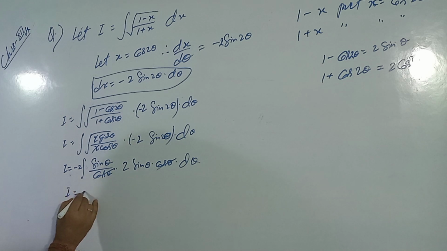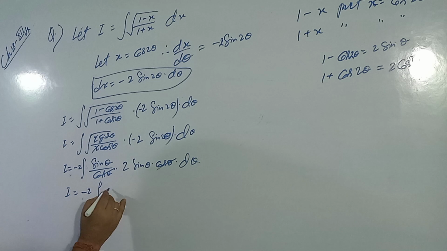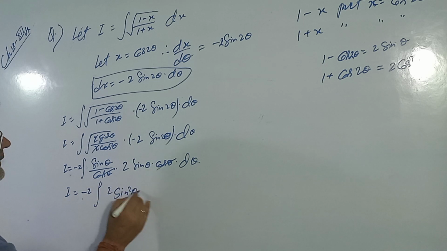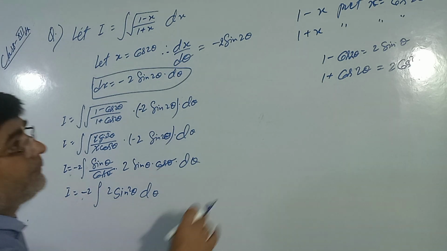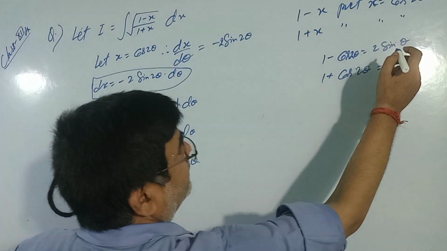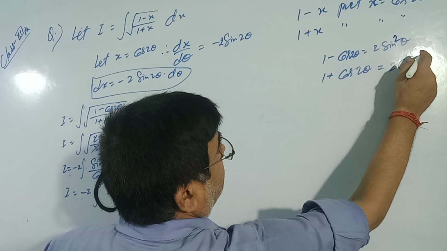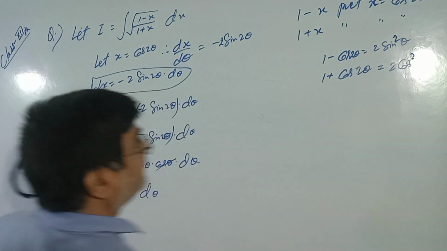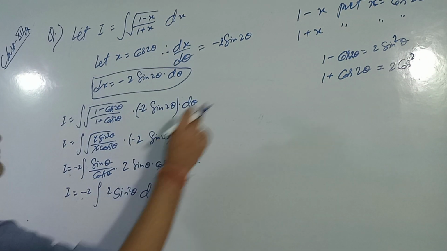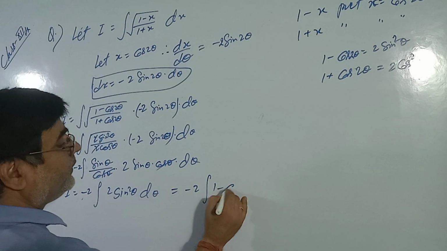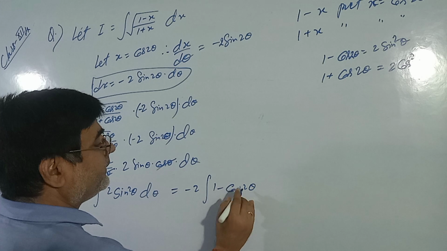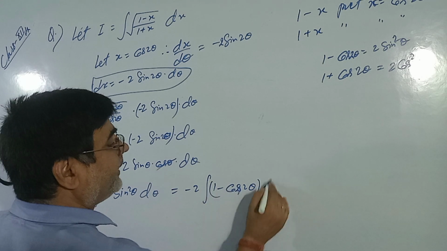I equals minus 2 sin square theta d theta. This can also be written in the form 2 sin square theta equals 1 minus cos 2 theta. So minus 2 times (1 minus cos 2 theta) d theta.